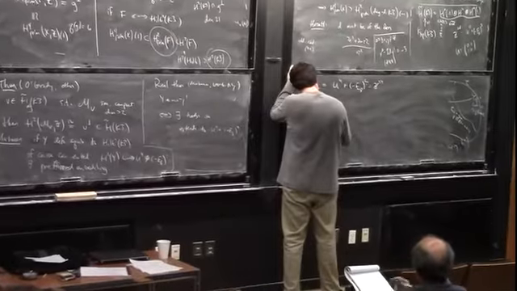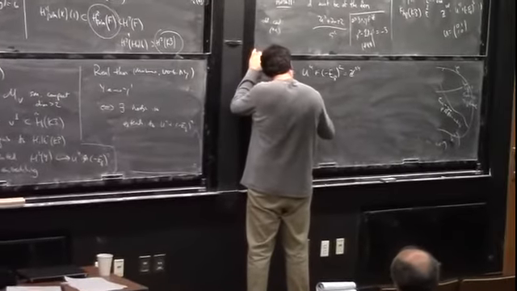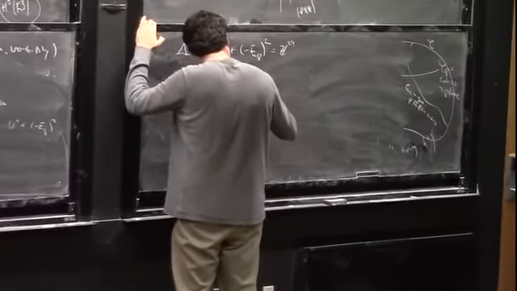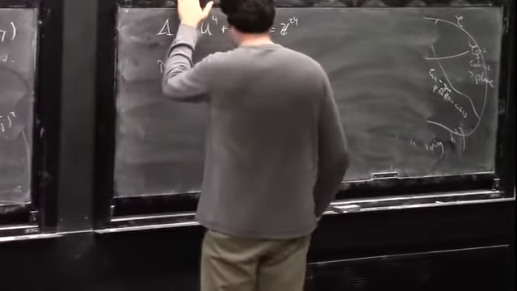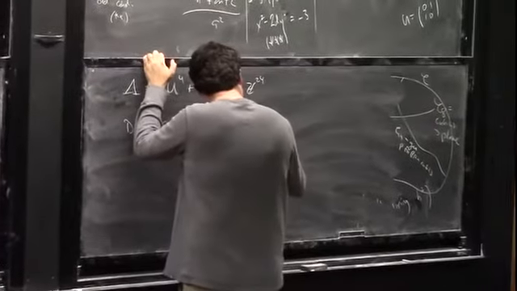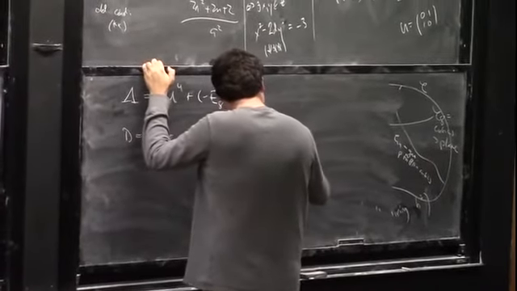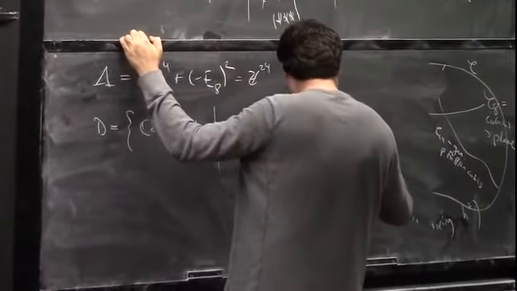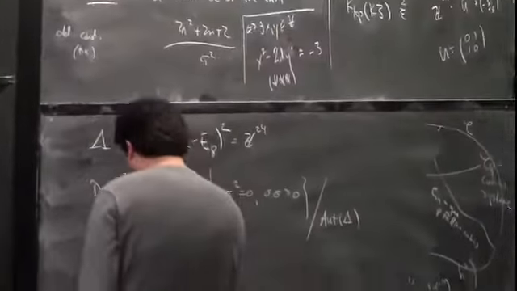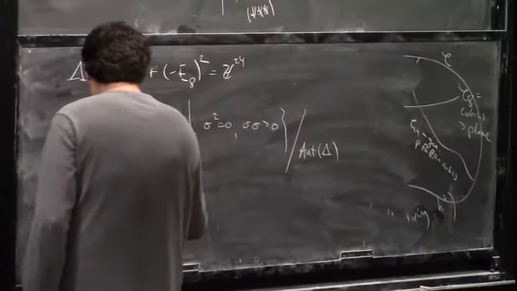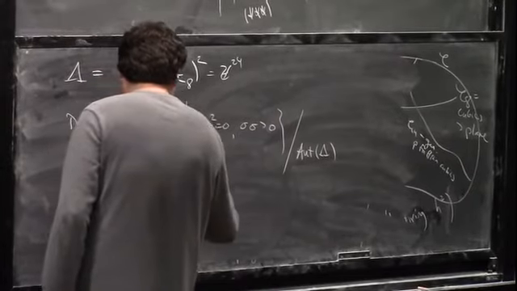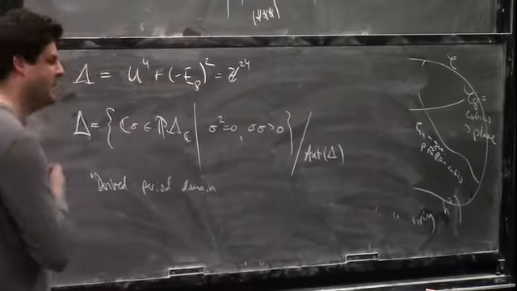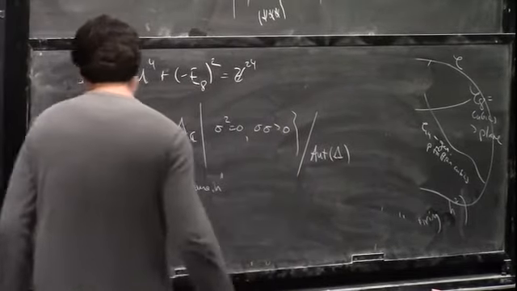And I could look at B as the set of lines C sigma in the projectivization of lambda C, such that sigma squared is 0, sigma sigma bar is positive, modulo automorphisms of lambda. And I want to call this the derived period domain.